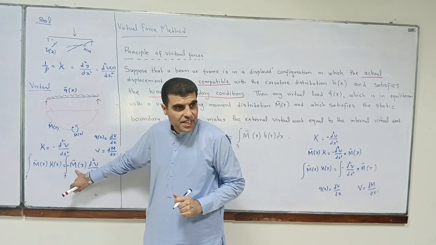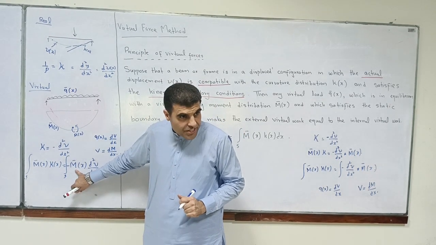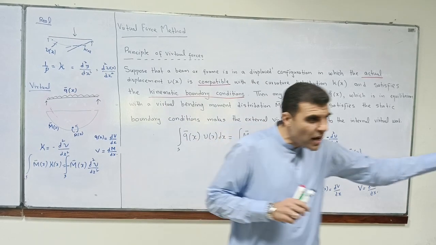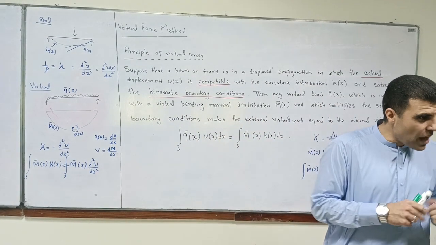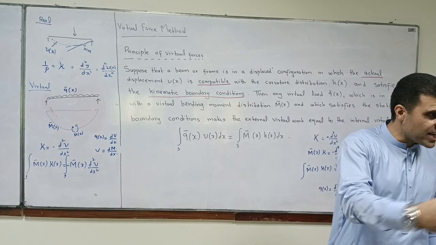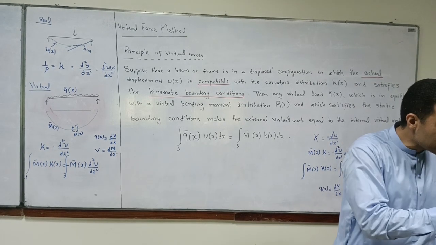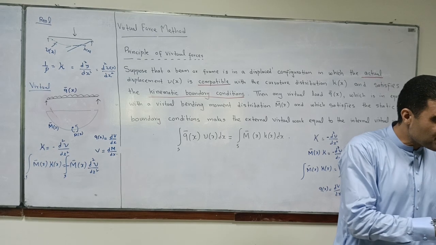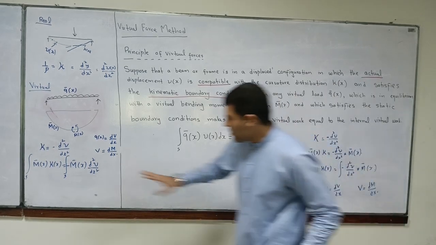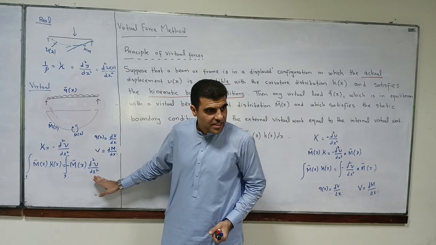What do you mean double integral? It's not double integral. We are talking about only one variable, which is in the x direction. It's a product rule: first function, integral of second. Because there are two functions of x, isn't it?